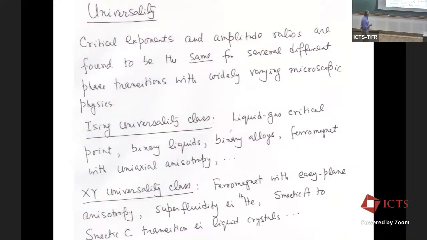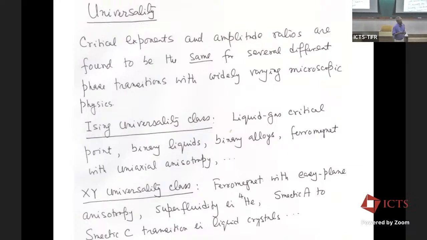Similarly, there could be phase transitions in binary liquids, binary alloys, etc. And in all these cases, the critical behavior as expressed in terms of these exponents, alpha, beta, gamma, delta, turns out to be the same. So although the physical systems are very different, in one case one is talking about magnetic spins which are ordering, in the other case one is talking about, let's say, whether the two liquids are mixing or phase separating, etc. So the microscopic systems are very different.